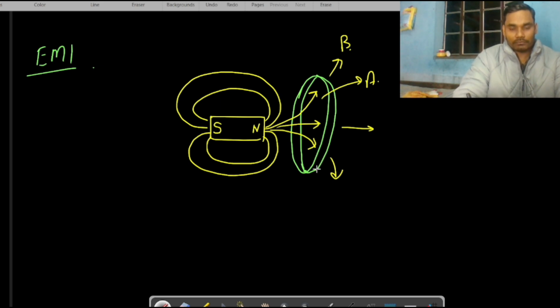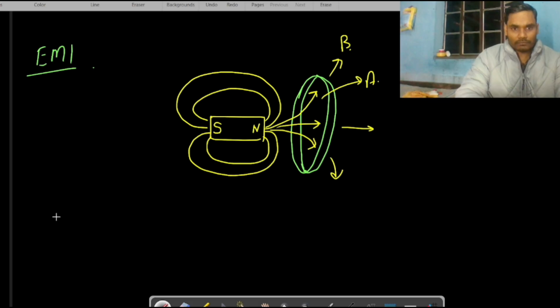or when we join an ammeter in this loop, then we see there is some deflection in the ammeter. So that is the proof that there is a current. If I attach a bulb in this loop, then the bulb will glow.